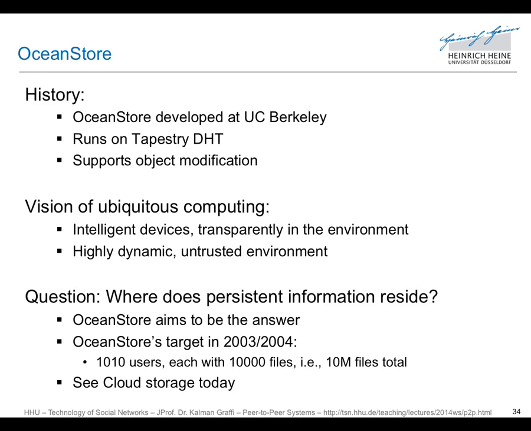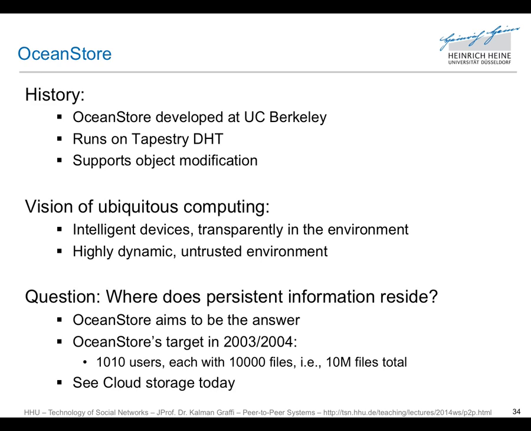And it also allows modifying objects in a less drastic way than we had here. So we don't have the overhead of these large log lists, and we are more flexible than the block-based collaborative file system.